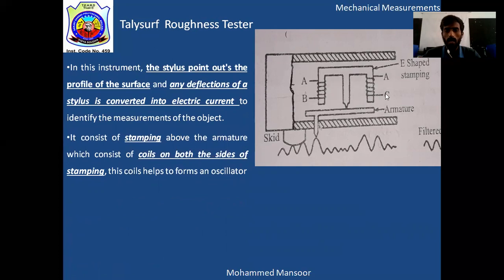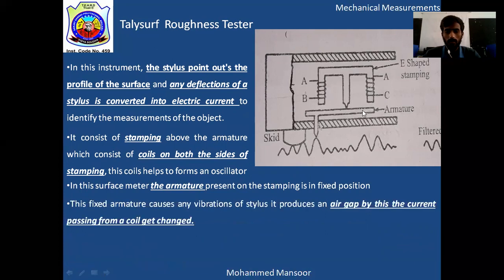Both ends of this stamping have coils, and it consists of an armature connected to the stylus. This armature is fixed.